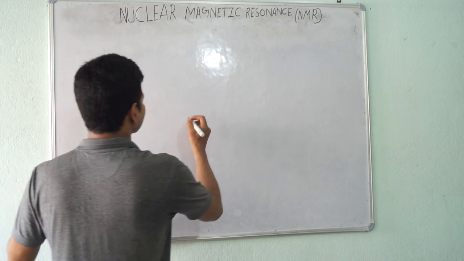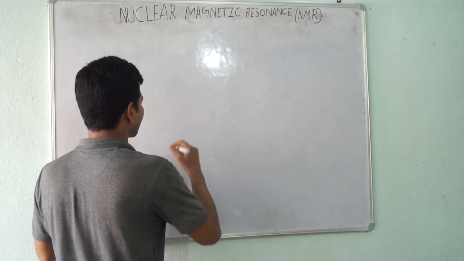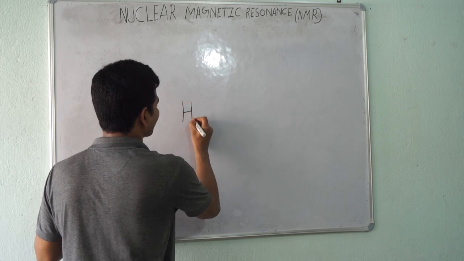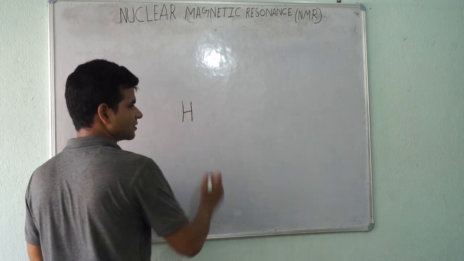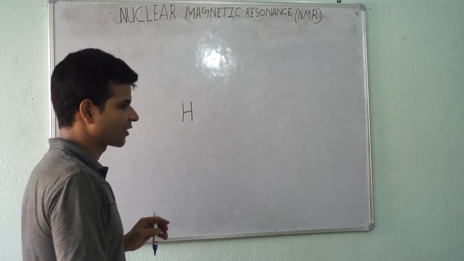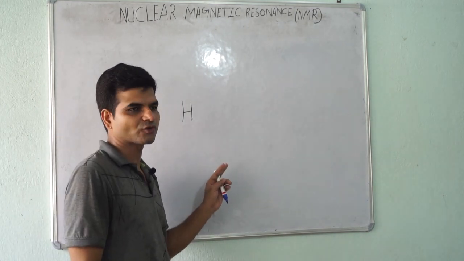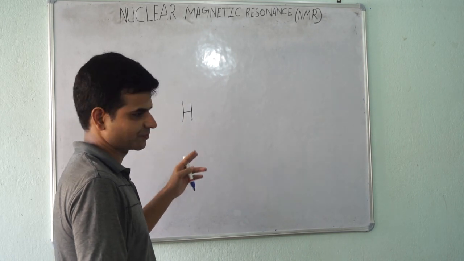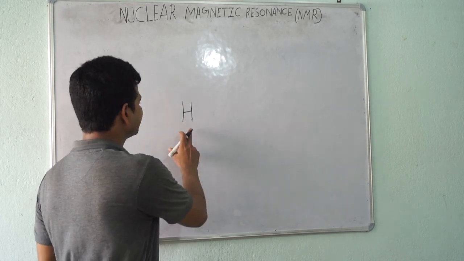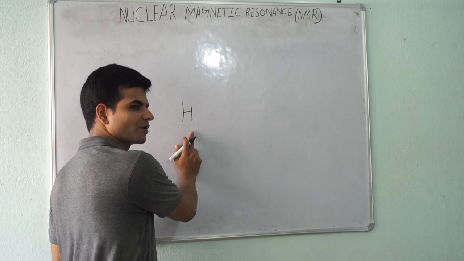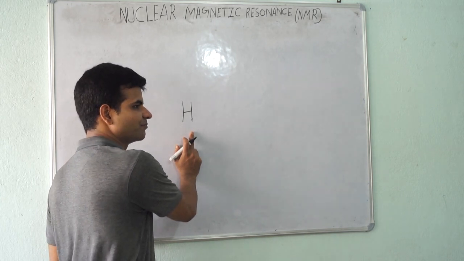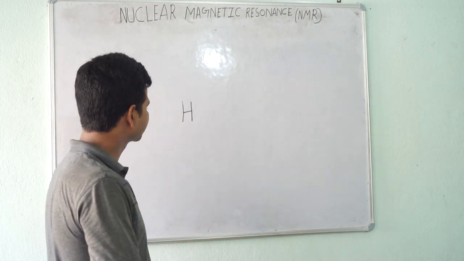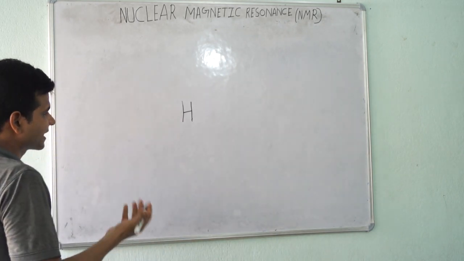Suppose this is a hydrogen atom. We know the hydrogen atom has one proton and one neutron, therefore it will show a spin. Due to spin and charge, the hydrogen atom behaves like a magnet.